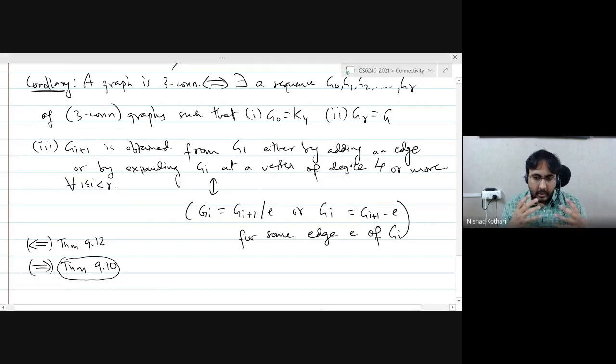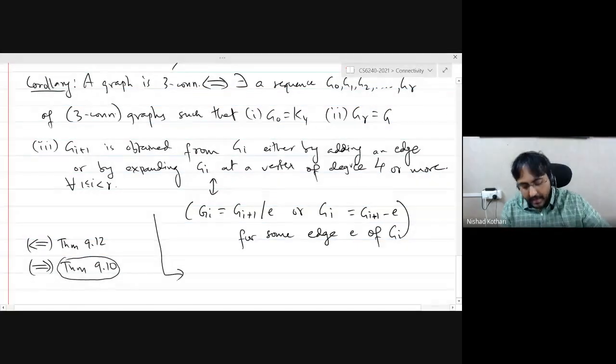So one natural question that arises is, what if I don't want to deal with parallel edges at all? Maybe my problem does not care about parallel edges. Another reason is that applying this corollary is useful, but it has a limitation.